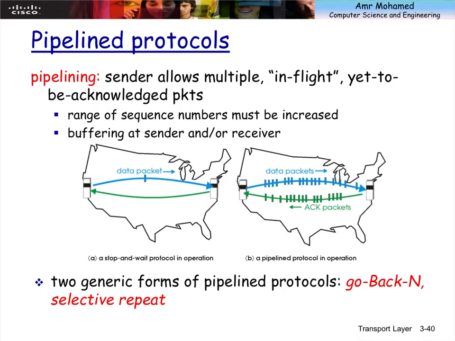So you have to wait for an acknowledgement for each packet before you send another packet. Then we started a little bit of analysis for stop and wait. We analyzed with respect to the channel utilization, or the session utilization. So we calculated the transmission time, and we calculated the round trip time, and then we calculated the utilization.